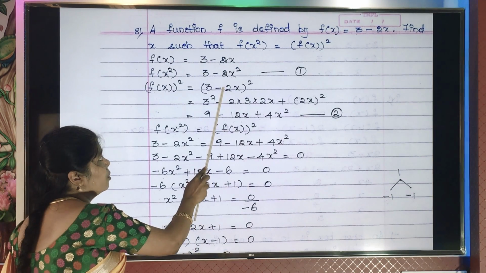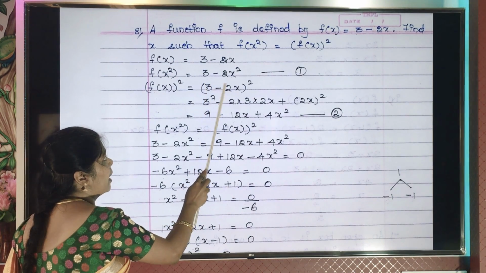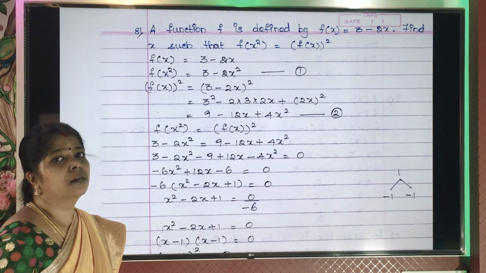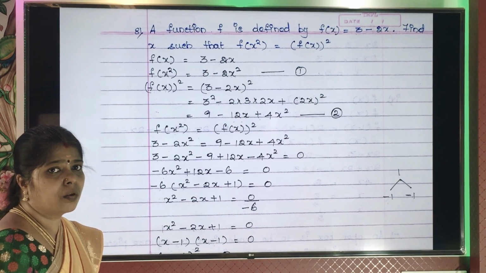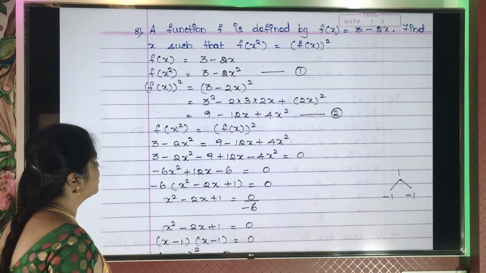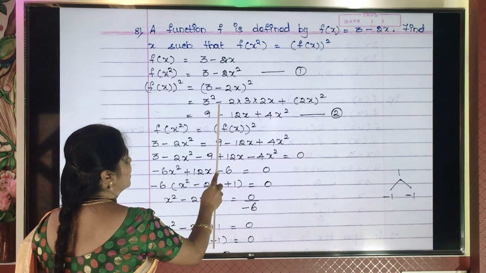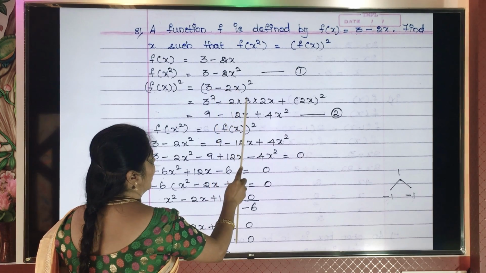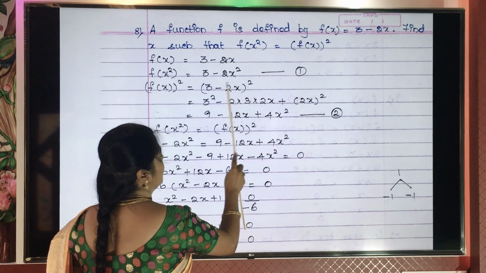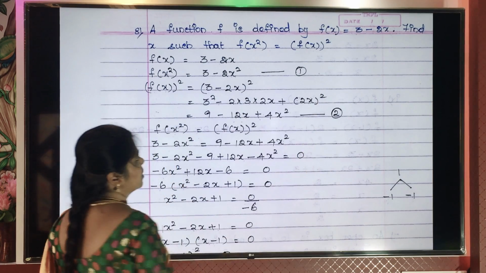How does this looks to me? It is like a minus b the whole square. So use the formula a square minus 2ab plus b squared. This becomes 3 square minus 2 into a into b plus b squared, 2x the whole square.